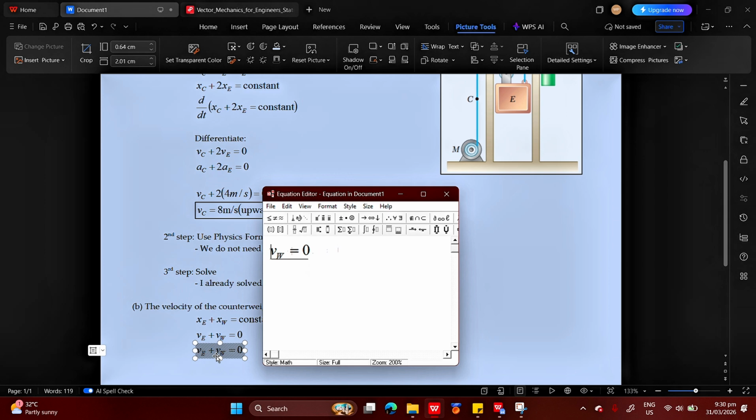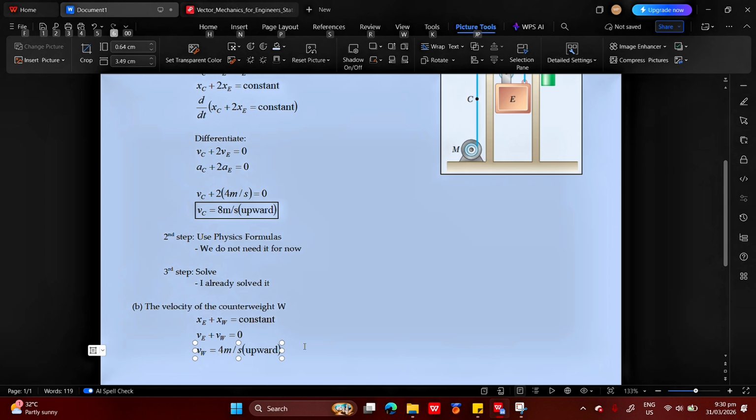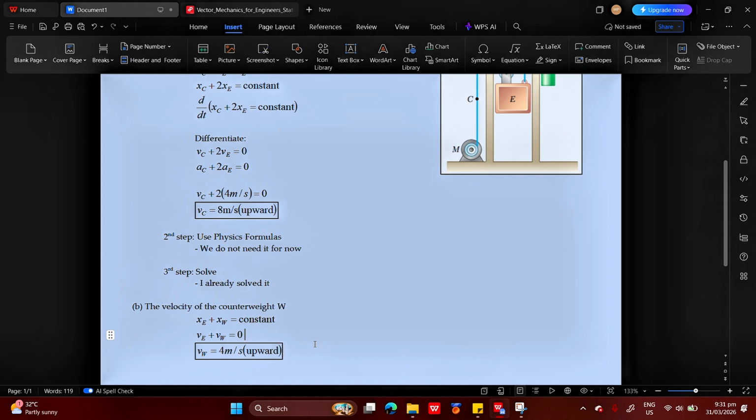So our VW is, since VE is given to be 4 meters per second, they are equal, okay? But the direction is upward, of course. If particle E is going downward, then expect that the counterweight W is going upwards.